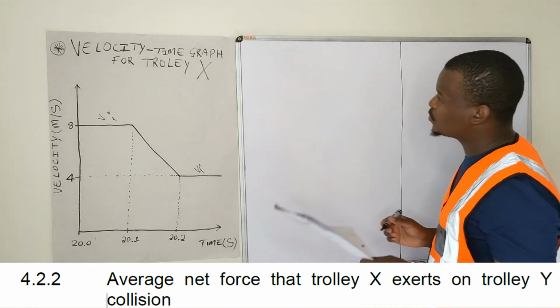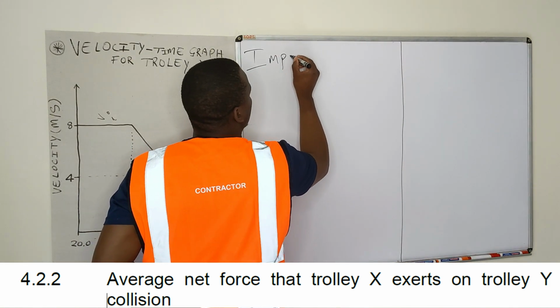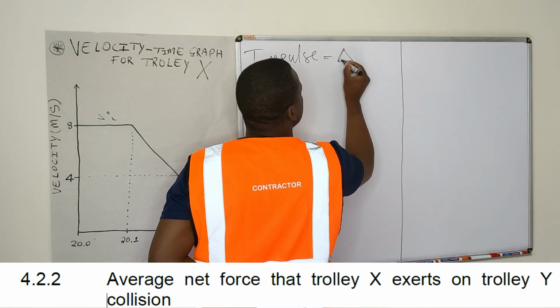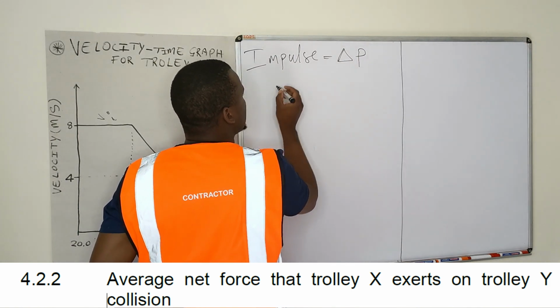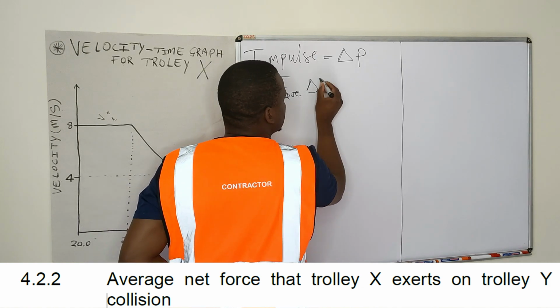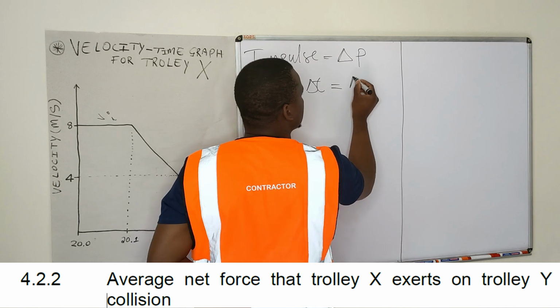So how do you find this? You say, okay, your impulse, right, is equal to what? Change in momentum, right? So you know your impulse is average force times time, which is equal to the change in momentum.